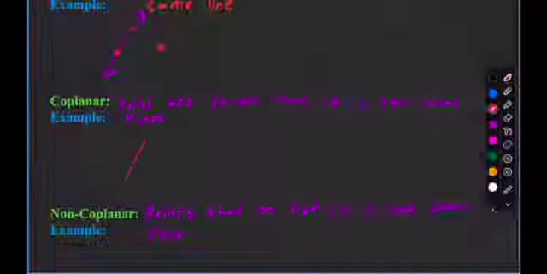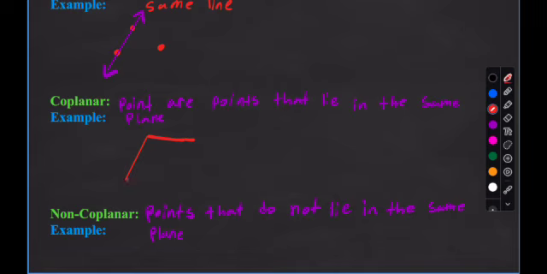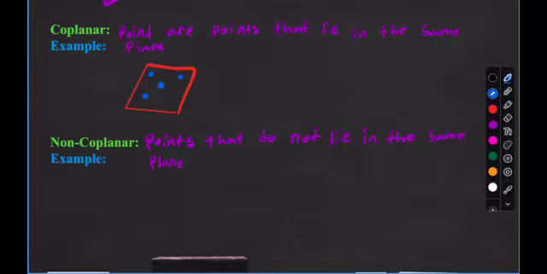Let's draw out our plane like a sheet of paper. Let's put some points in here. We have this point, this point, this point, and let's put this point in there. All 4 of these points are within this plane. That's coplanar. Let's say we have another example of non-coplanar.